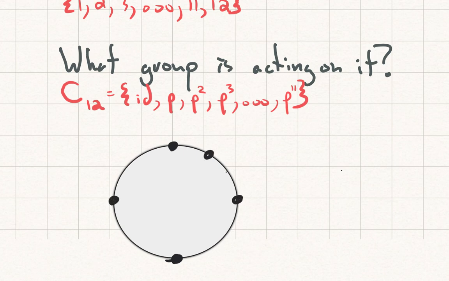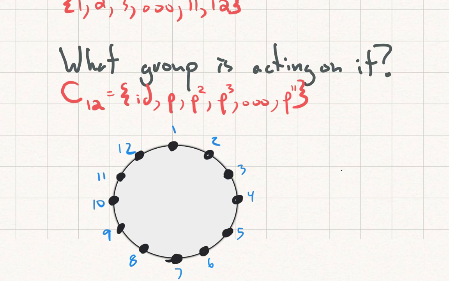We don't need it to be. This is just for elucidation purposes. So there's our circle. And let's label the vertices 1, 2, 3, 4, 5, 6, 7, 8, 9, 10, 11, and 12. And remember, we just want to act on this by rotation.